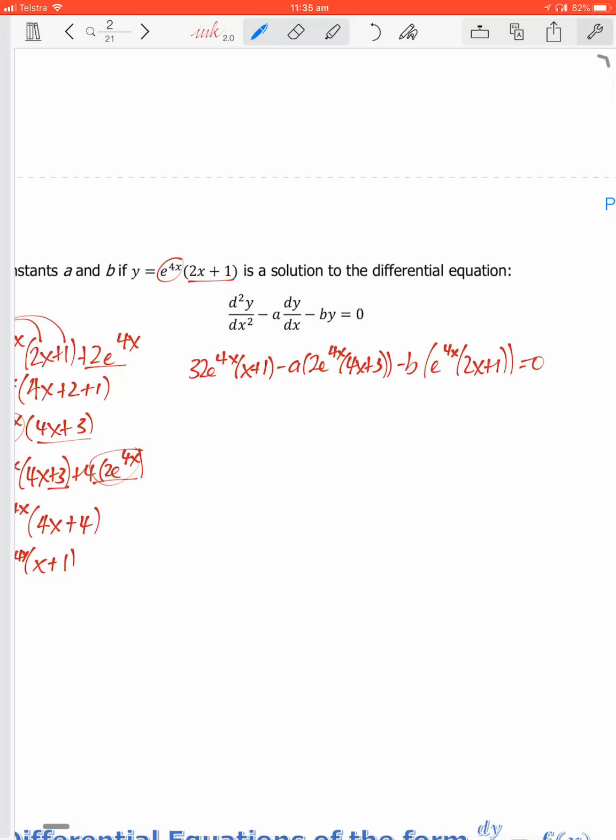Okay, what's common to all these? The e to the 4x's. So e to the 4x, scrap it there, scrap it there, scrap it there.